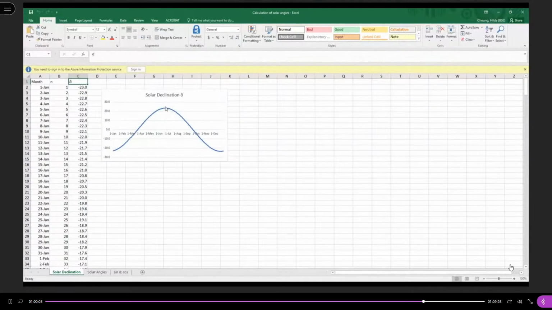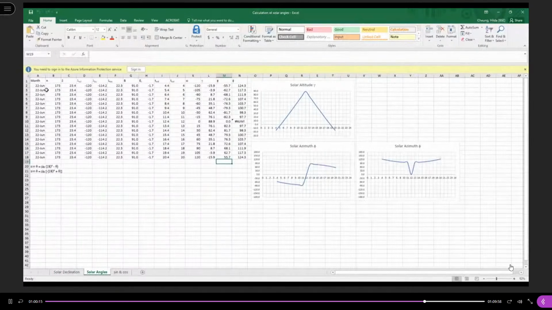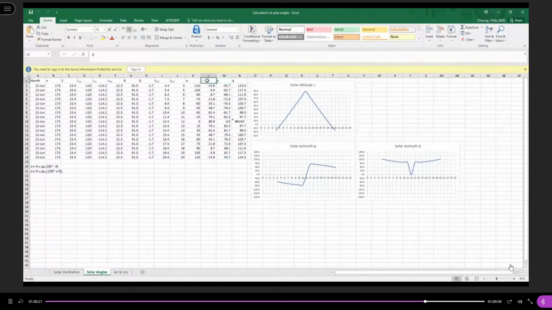And then in the summer solstice, we have the largest value, the most positive value. And on the two equinoxes, we have 0 degrees. And on another page, this is the calculation for the solar altitude and the solar azimuth angles.